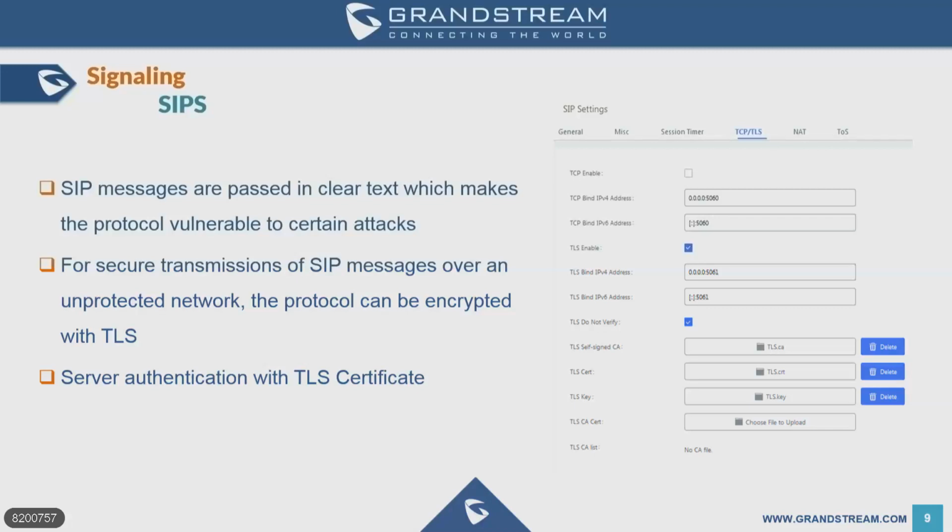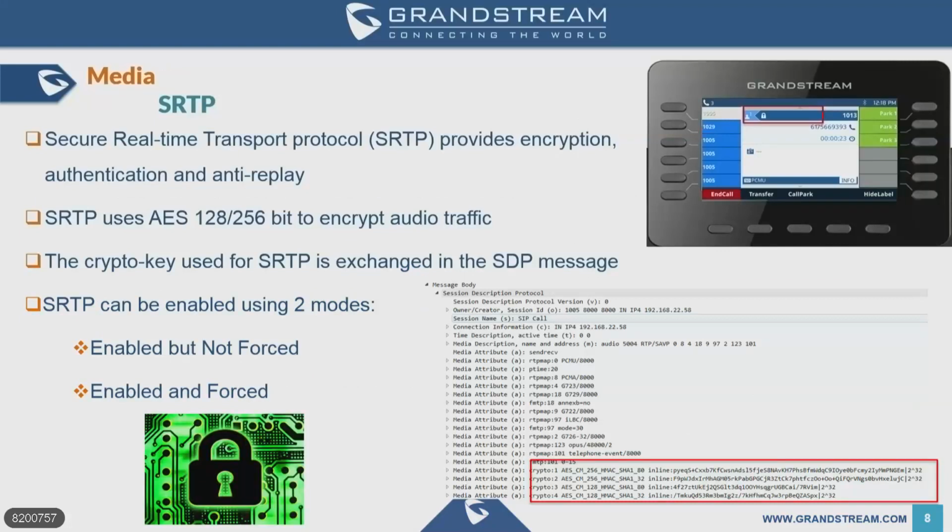And among the information exchanged with SIP messages is the crypto key used to encrypt the RTP traffic, the one that I showed you right here. And when the crypto key is exchanged in plain text and you have the right tool, like a skilled hacker can decrypt all the traffic, even if you're using SRTP.